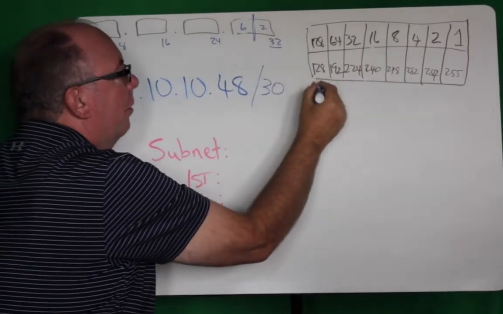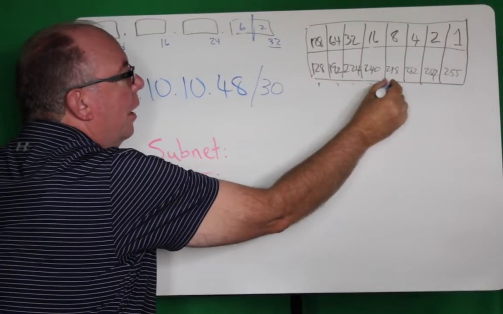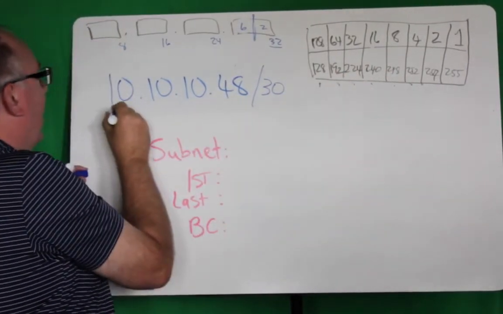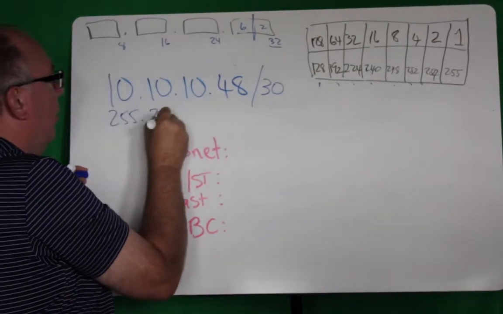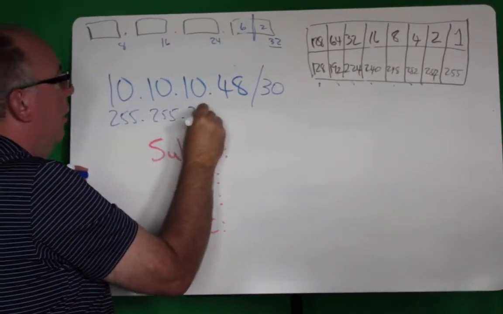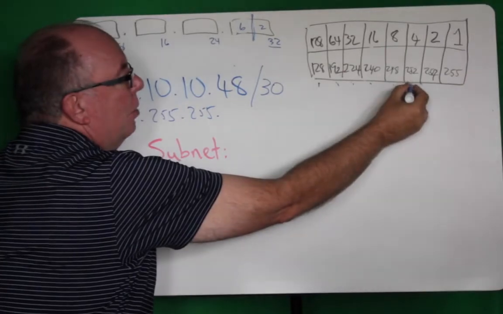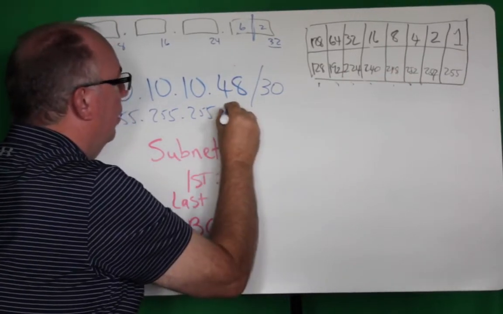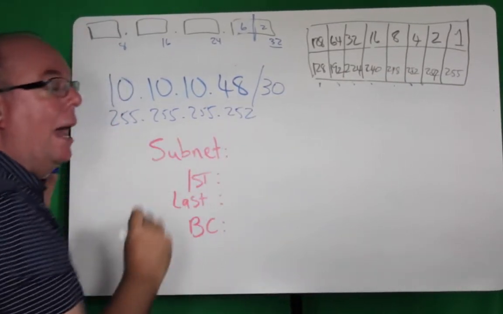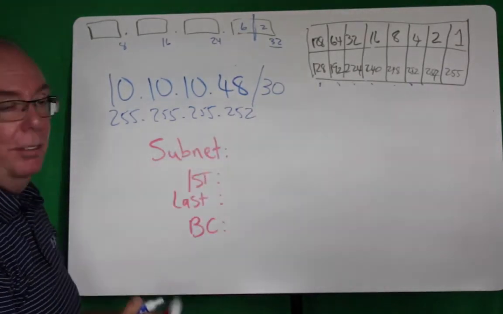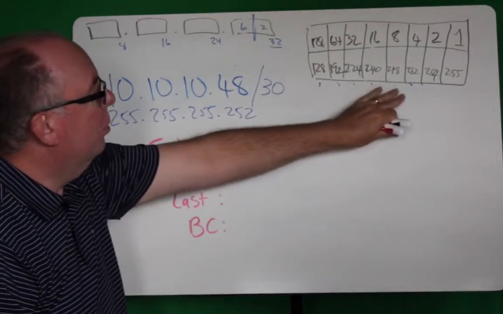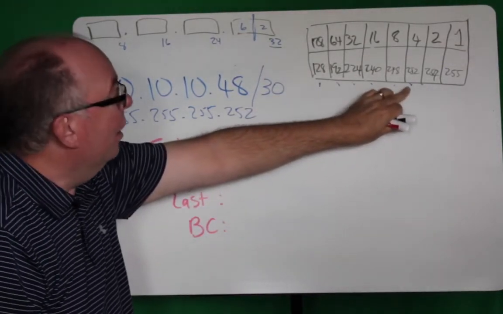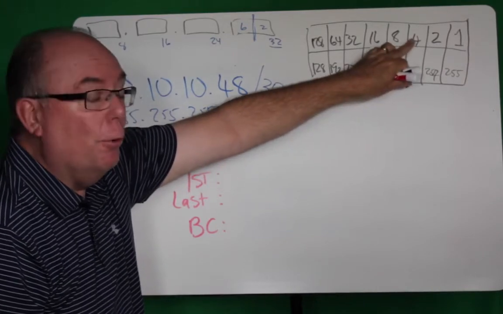That means we can look over here, 1, 2, 3, 4, 5, 6. It is a 255.255.255, and we see the 6th bit is 252. So that is the mask that is determined by the /30. We also see from our little tool that 252 lands on the 4 bit.